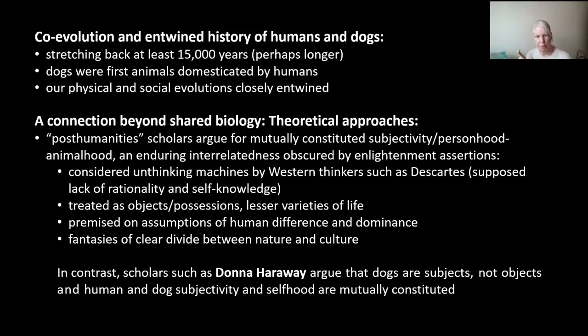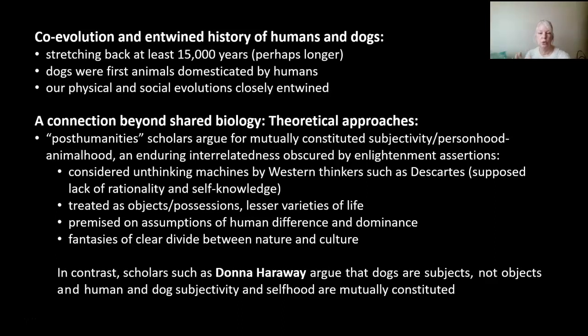This is an approach that also makes a clear distinction between nature and culture, suggesting that humans and personhood are in some qualitative way fundamentally different than animalhood, and that animals then are lesser beings, akin more to possessions of humans than partners of humans.